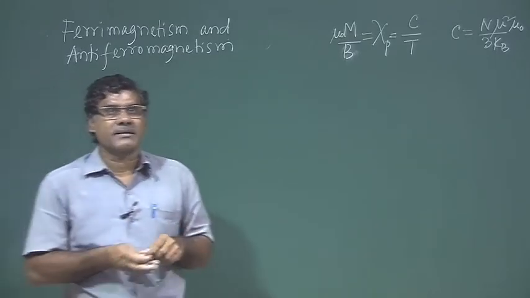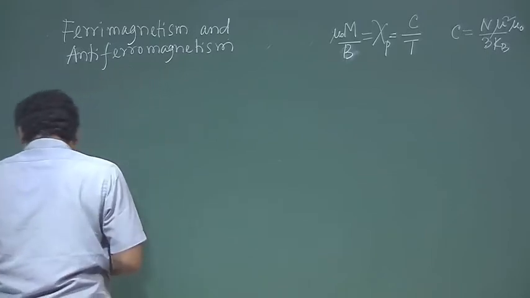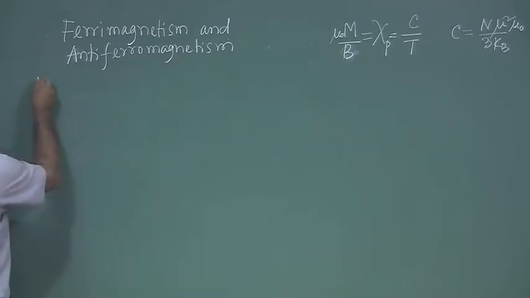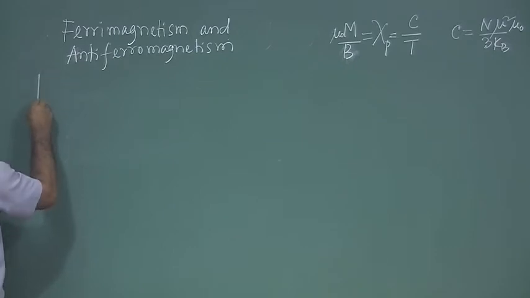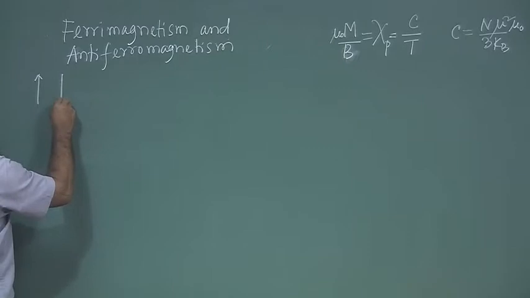So, net magnetization becomes 0. This arrangement, antiferromagnetic or ferrimagnetic, we can just draw like this.